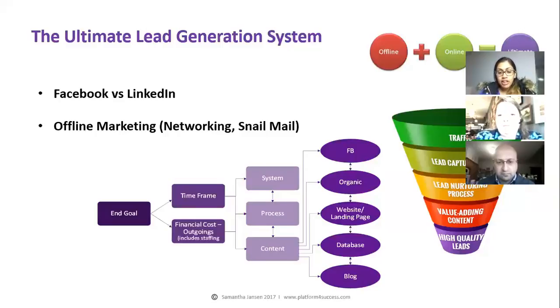From there, the next diagram is system, process, and content. System is where you are using, let's say, LeadPages or an external platform to do what it needs to get done, or even your website, but you're using a different landing page, which means you need to remodel it. It's not like copy and paste.